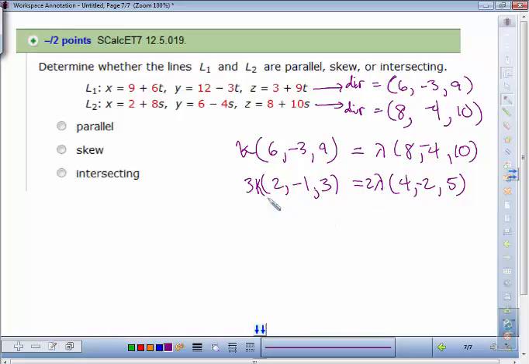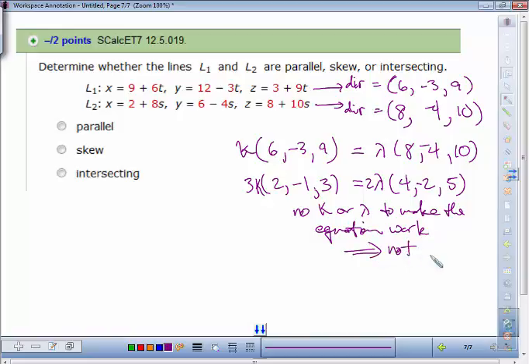Now, can I change the k, the kappa, or the lambda into anything that would make this equal? Doesn't look like it, right? So, no k or lambda to make this equation work. So from here we can conclude not parallel.